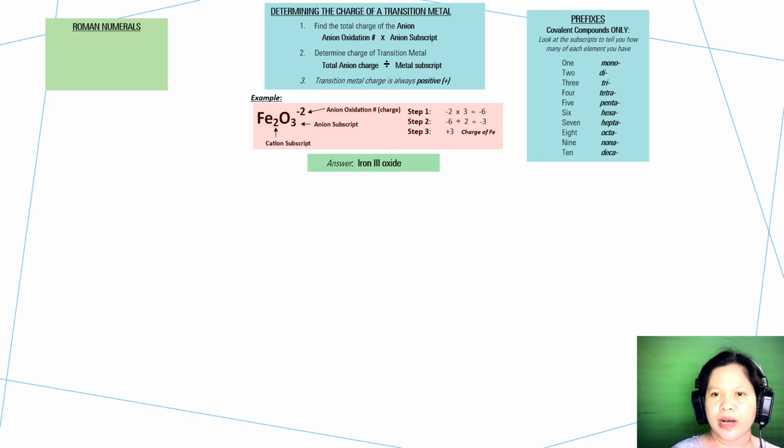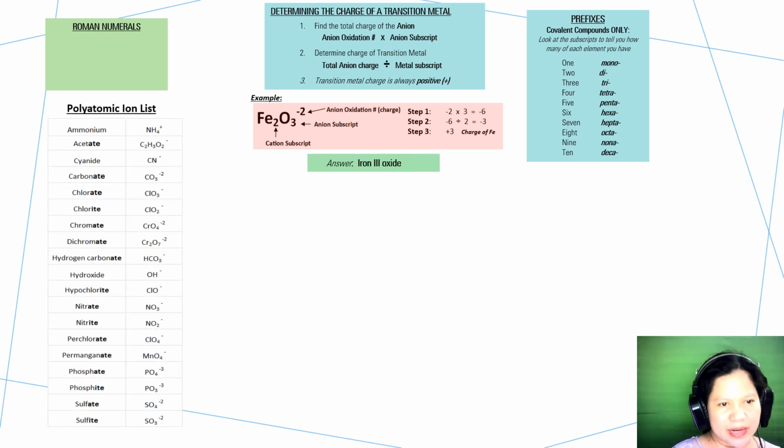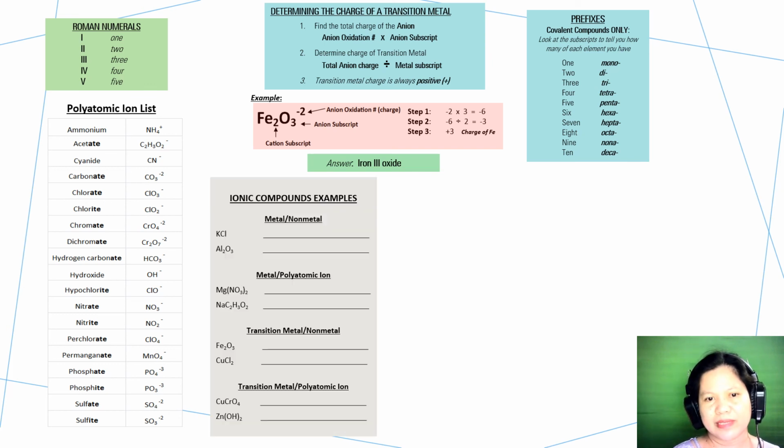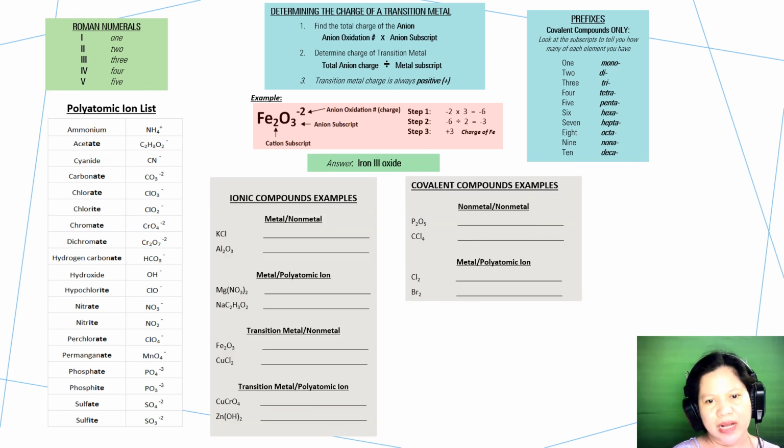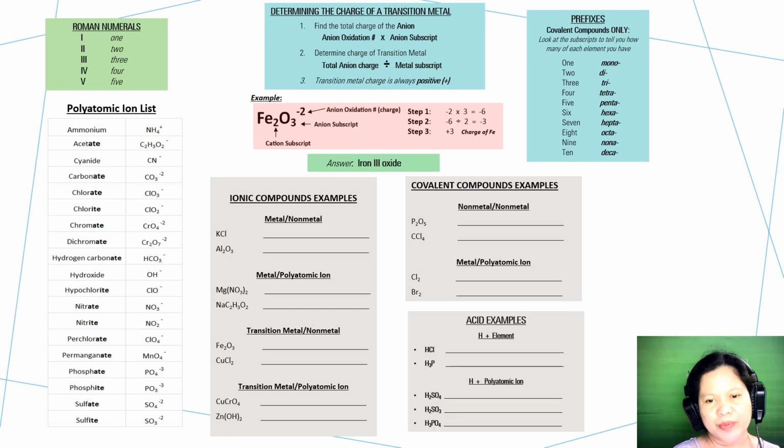This is only for covalent compounds. You'll be using prefixes from mono up to deca. Then you have there the list of polyatomic ions and the Roman numerals that you will be using exclusively for transition metals. We have here some examples that we'll be using.